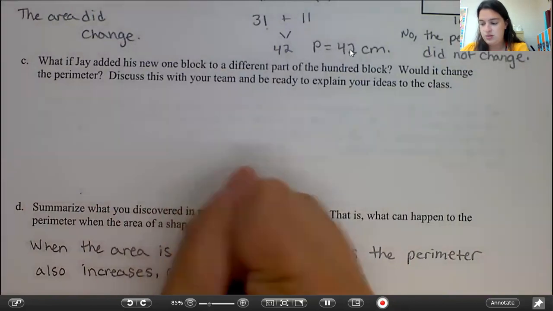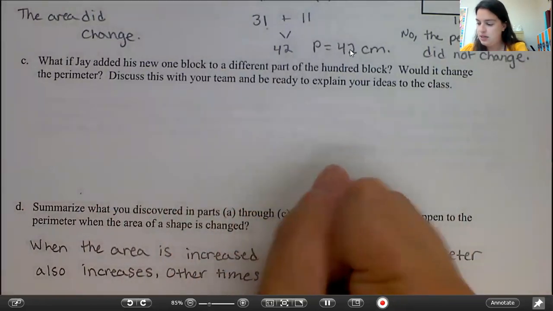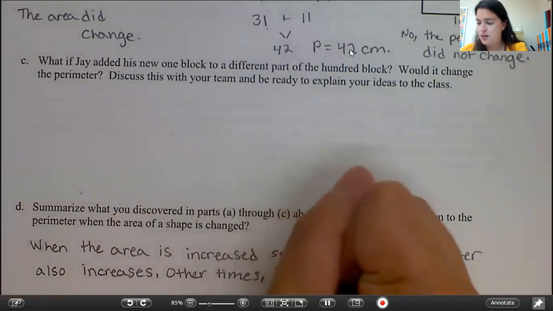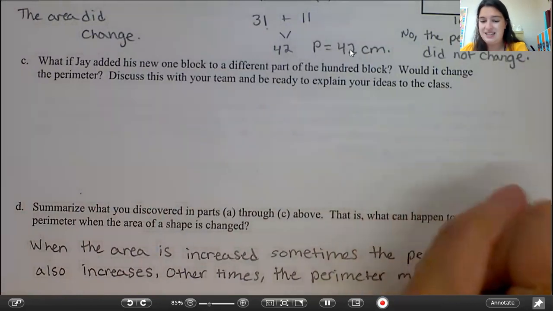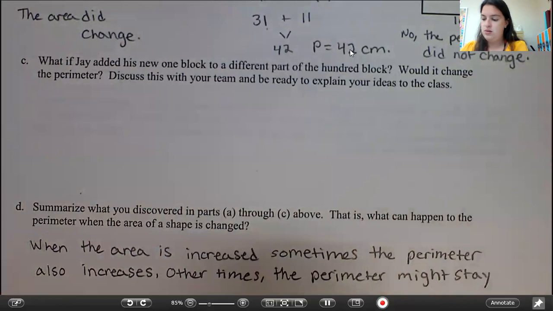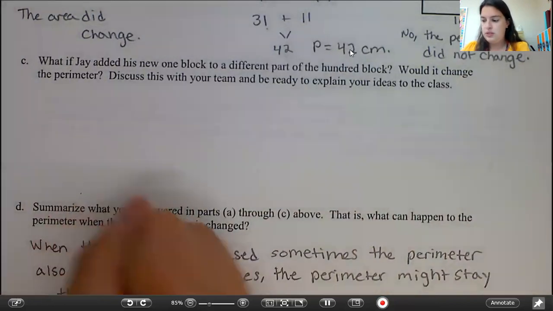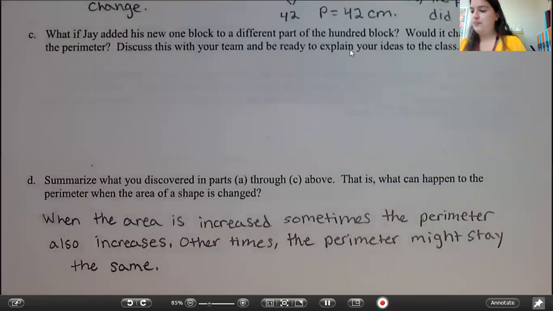Other times, the perimeter might stay the same. Okay, that's why you just can't assume. You always have to check, just like we did in parts A and B there.